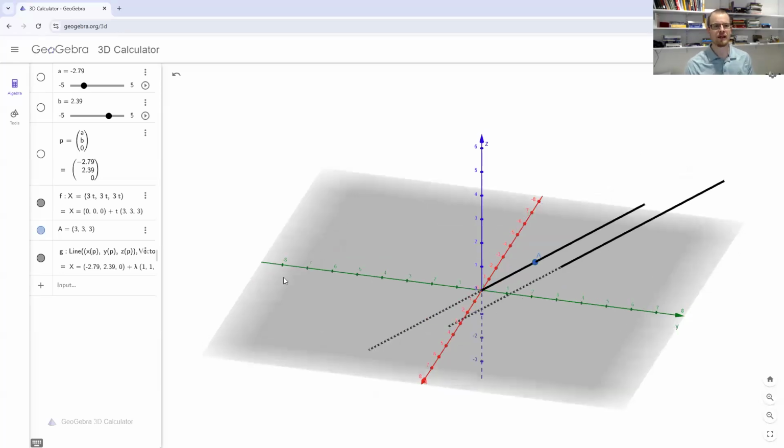Here's the thing. I actually have the ability to move along this line a little bit, because since I'm looking at what's generated by 3, 3, 3 now, this line does intersect with the XY plane right here. But what I can actually do is move this line essentially up and down a little bit.